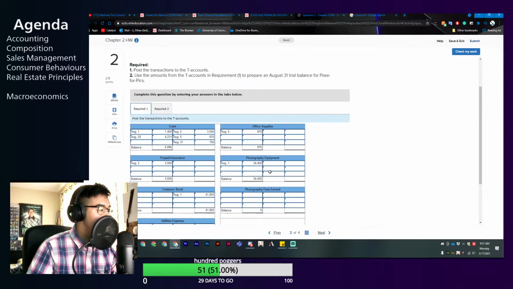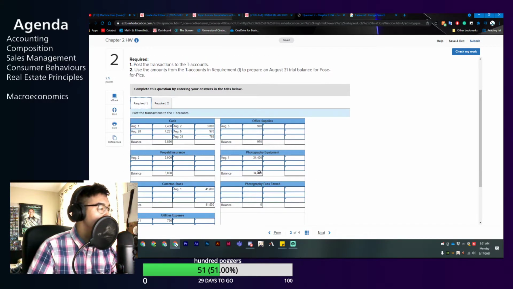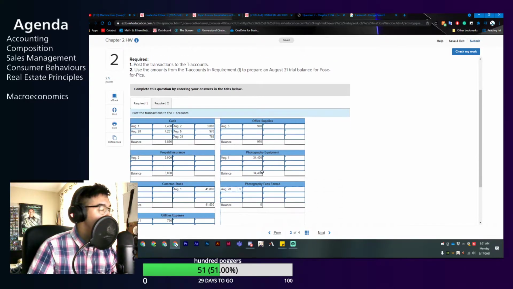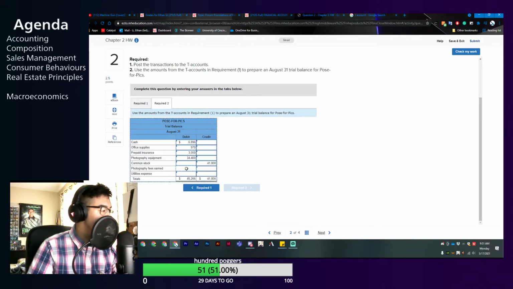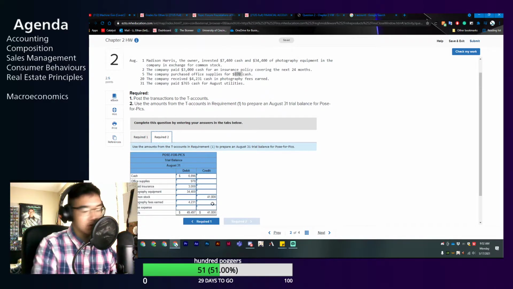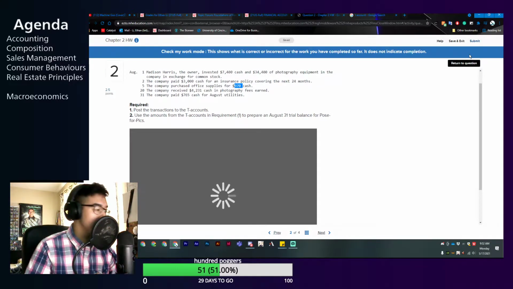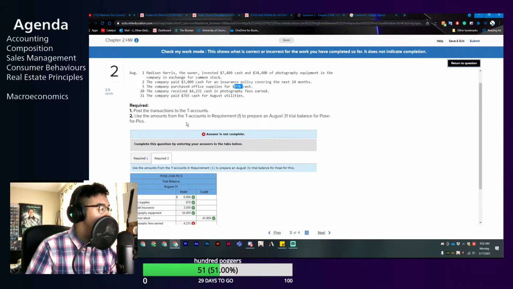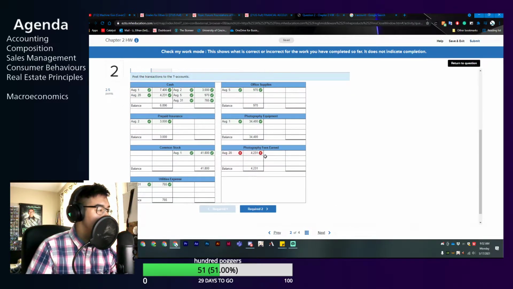Photo fees. Oh, oops. 20th. 4231. Utilities expense 765. I think this is all right. Did I misclick that?